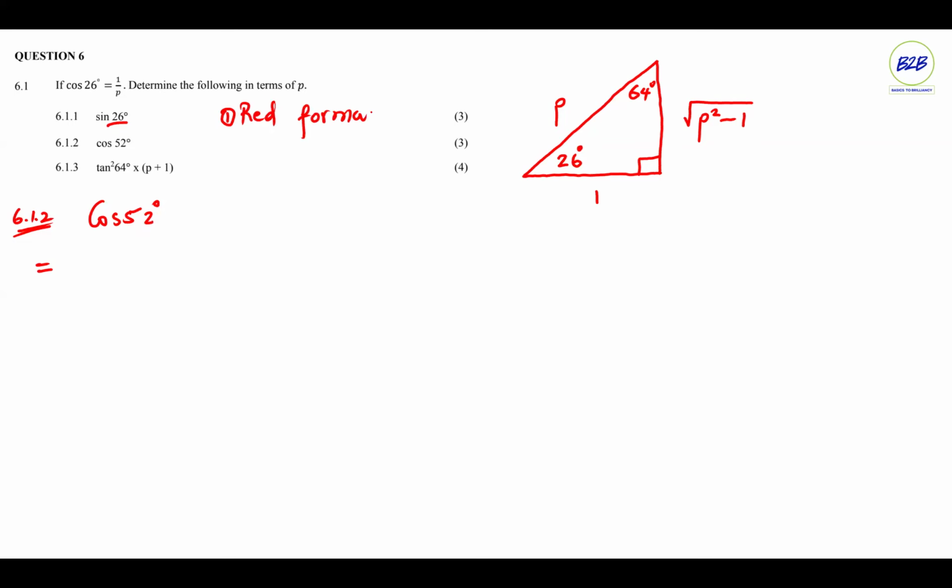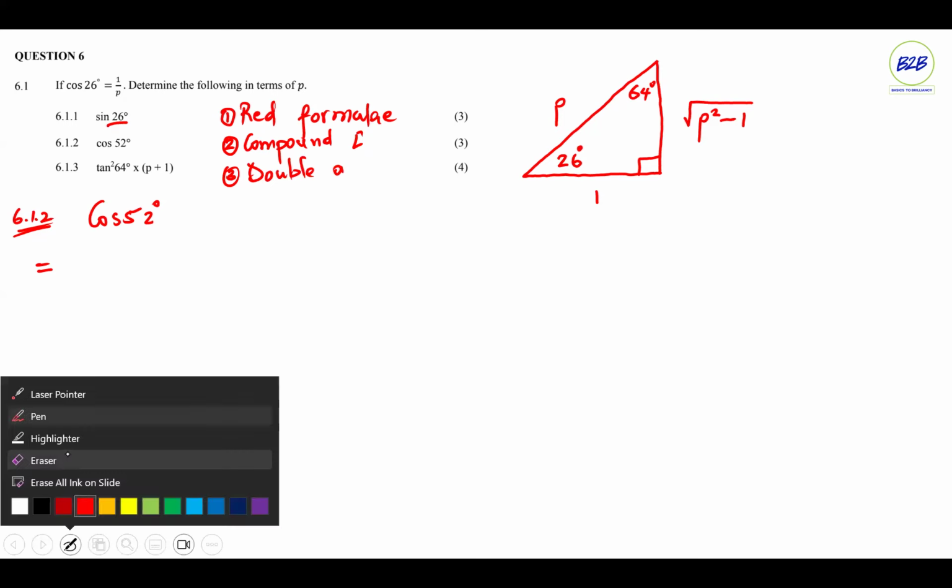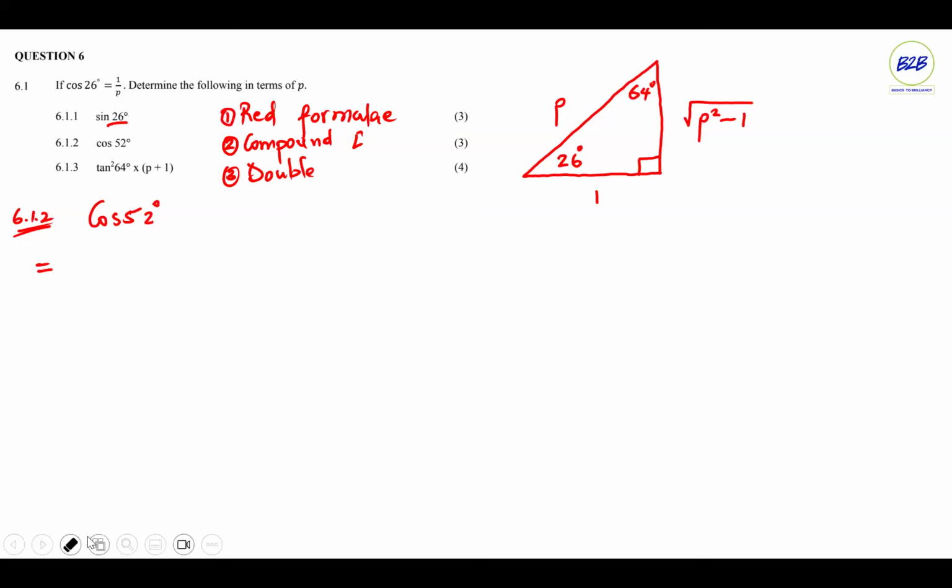Remember, that is 180 minus, 180 plus, 360 plus, and so on. You can also consider compound angles, or you can also consider a double angle. So it's not always a double angle, but in this case, it is a double angle.